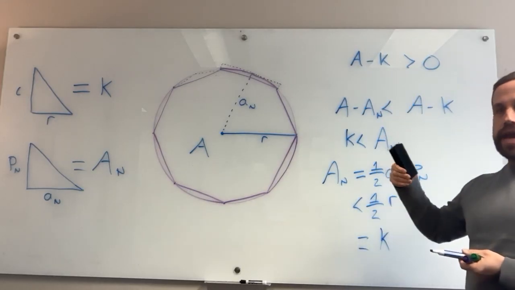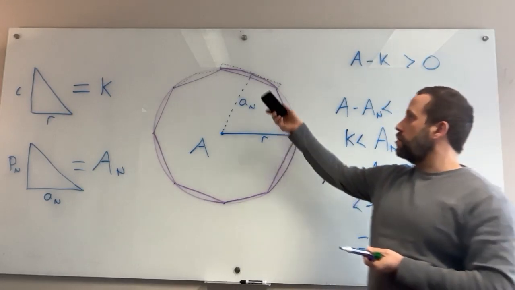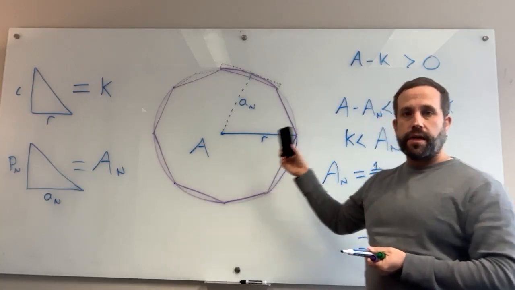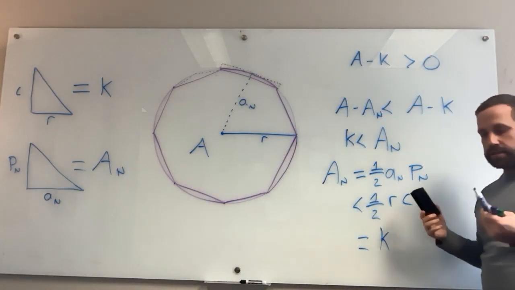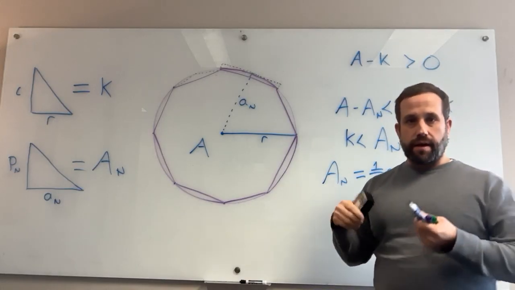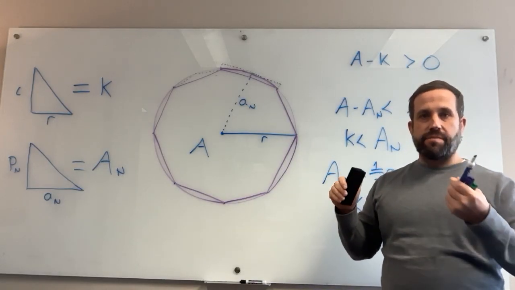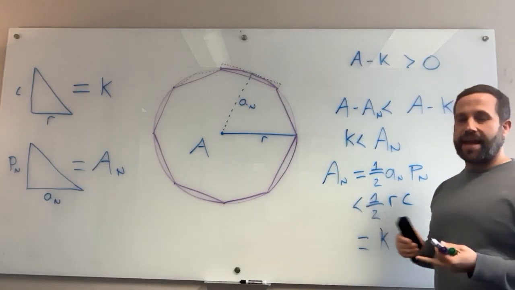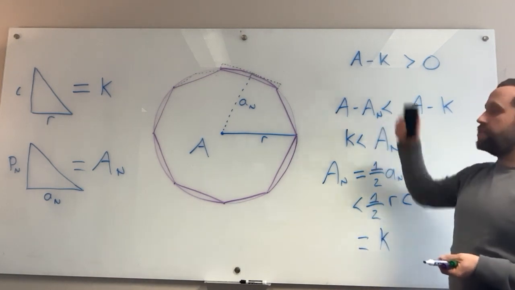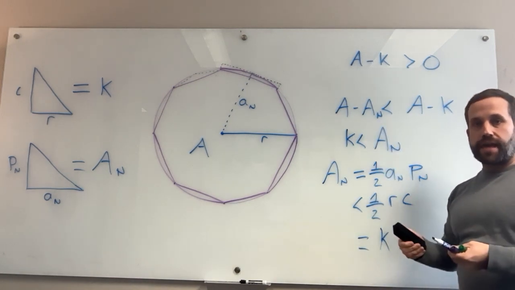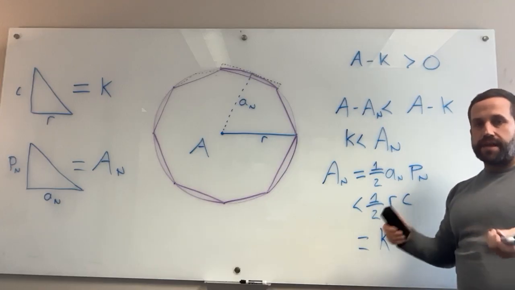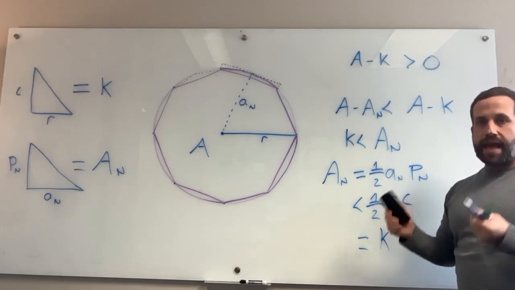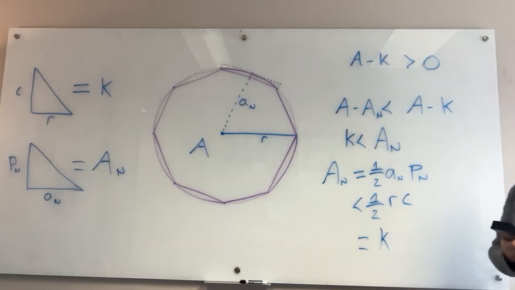If A minus K is less than 0, you can look at circumscribed polygons and make a symmetric argument to show that A cannot be less than K. That contradiction shows A can't be less than K, and the earlier one shows A can't be greater than K, so the only option is that A has to be equal to K.